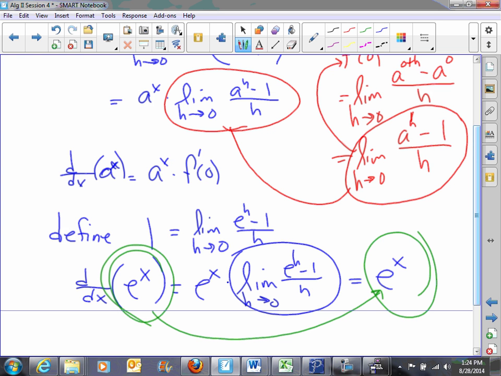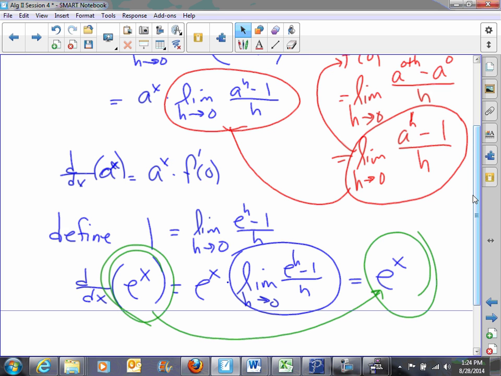Now, that probably takes a little bit of meditating on, but think about this. The derivative of a function is a function that gives the rate of change, or the rate at which the function is growing at that particular instant. And e to the x now is the exponential function whose output is the rate at which the exponential function is growing at that instant.